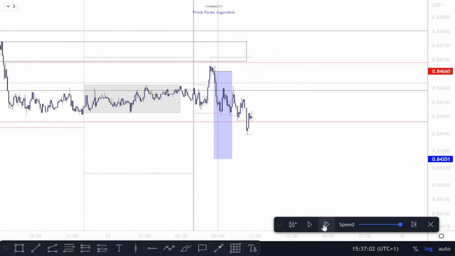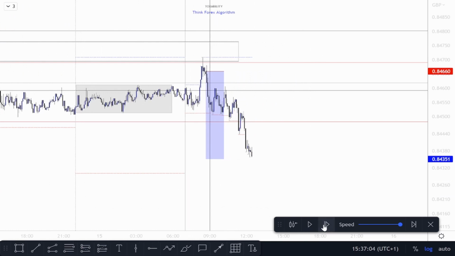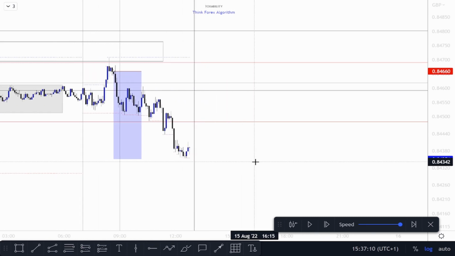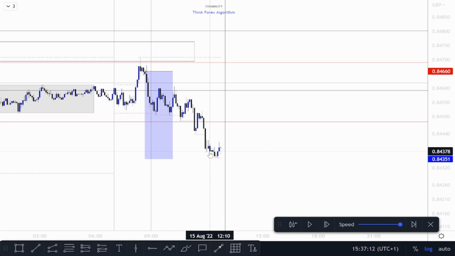And at this point, I would have just let the market go as low as possible till about 1 p.m. GMT time, which is when the New York session happens. In the New York session, the market either continues in the same direction or it reverses.